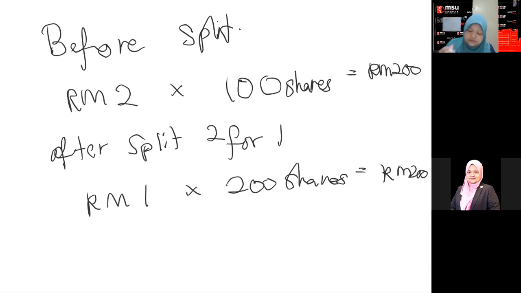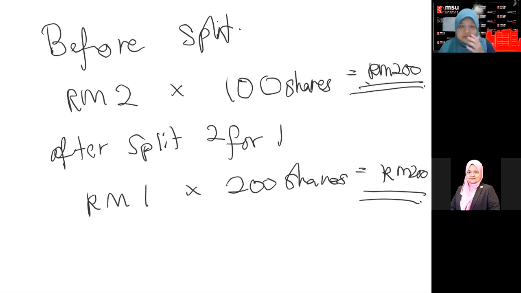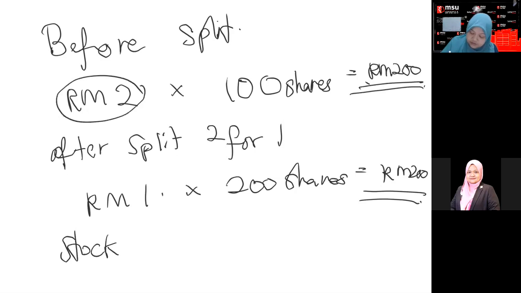So actually before the split and after the split, the value of the shares that Encik Nazri owns does not have any effect. It does not change at all. So that is stock split. Basically the purpose of doing a stock split is to reduce the price per unit.